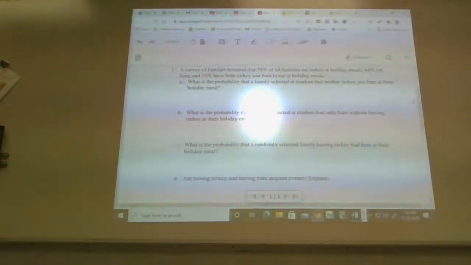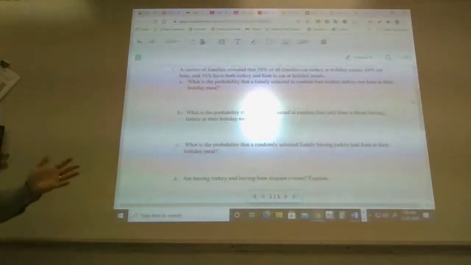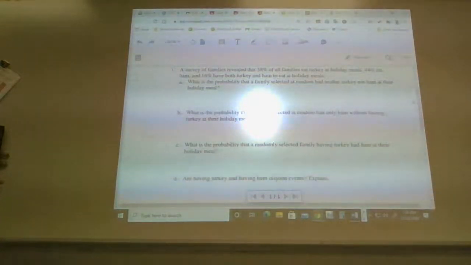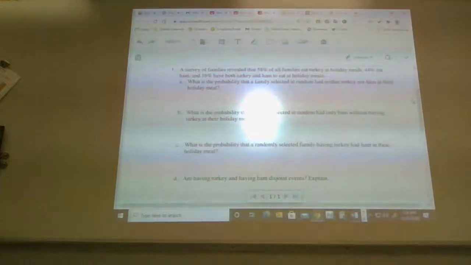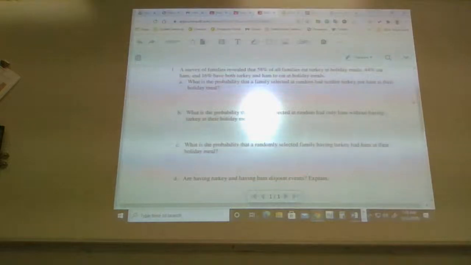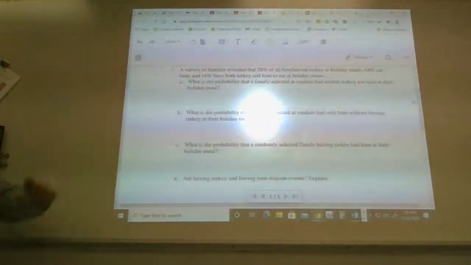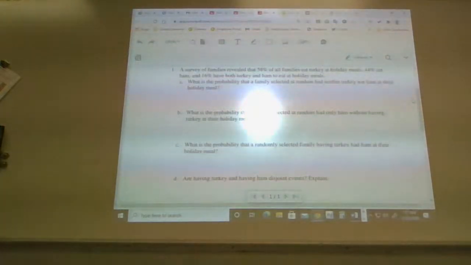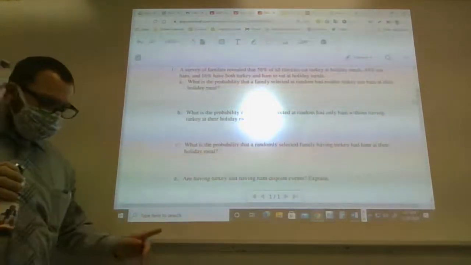That's part A. Part B, what is the probability that a family selected at random had only ham without having turkey at their holiday meal? And finally, part C, what is the probability that a randomly selected family having turkey had ham at their holiday meal?